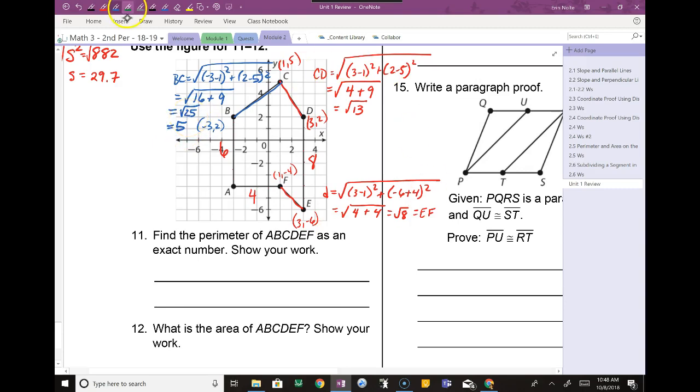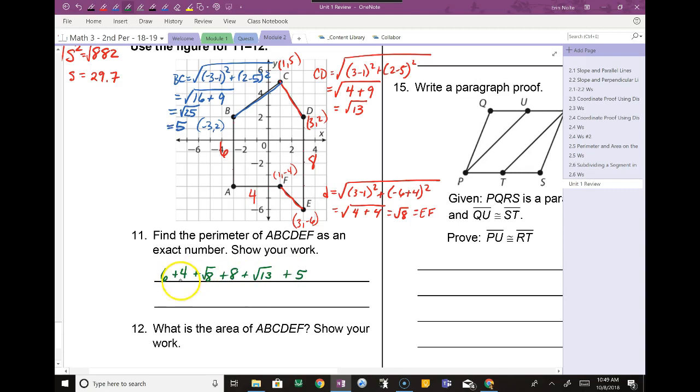Okay, so to find the perimeter here, I'm just going to add all this together. So I'm going to have 6 plus 4 plus the square root of 8 plus 8 plus the square root of 13 plus 5. So that's all of our sides. So now I'm just going to add my like terms. So like terms are going to be the constant values.